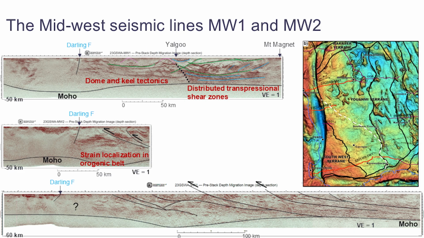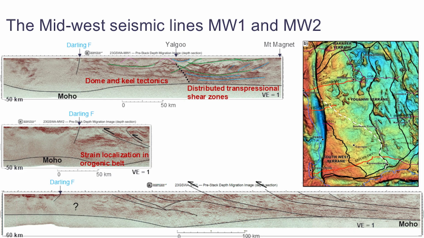On either side of it, east dipping reflectors to the east and west dipping reflectors to the west. We do not have passive seismic data yet to cover the Midwest 1 line, but this will come during phase 2 of the WA array, and so watch this space.